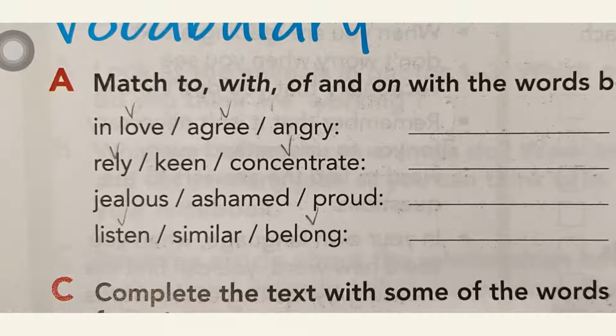Can it be angrying? Cannot, right? What about keen? Keening. It can be like that. Concentrating? Yes, we can add ing. What about prouding? Is there such a thing as prouding? No. What about similaring? No, cannot. So listening, belonging, relying, agreeing are the words that you can add ing behind.